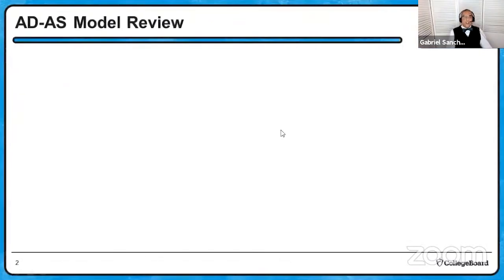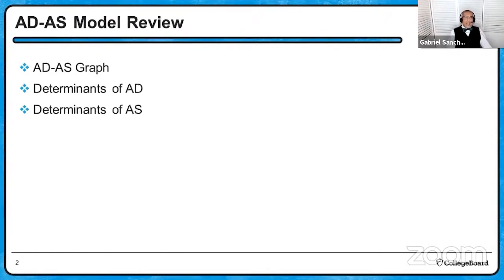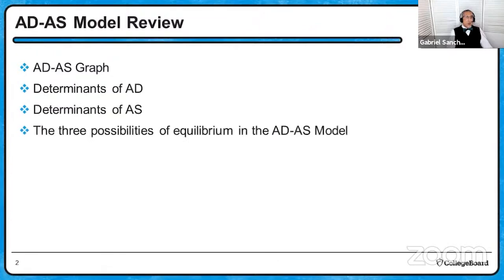So on our agenda for today and our review session, we're going to look at the AD-AS model review. The first thing we're going to do is look at the AD-AS graph. After we look at our graph, we're going to look at the determinants of both aggregate demand and aggregate supply. We're going to look at the three different possibilities of equilibrium in the aggregate demand, aggregate supply model.